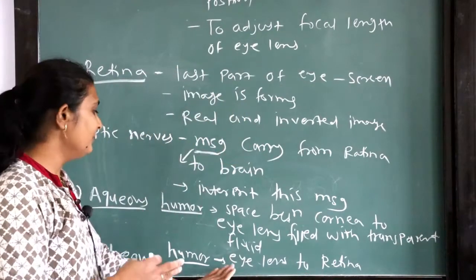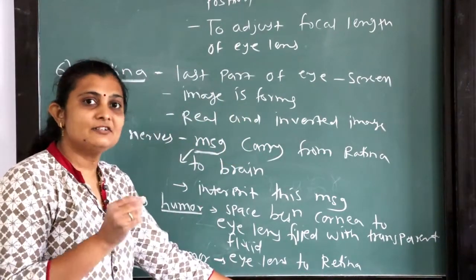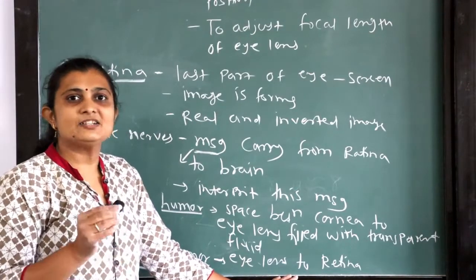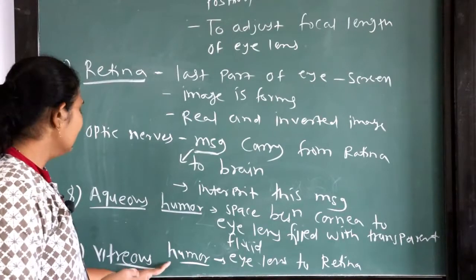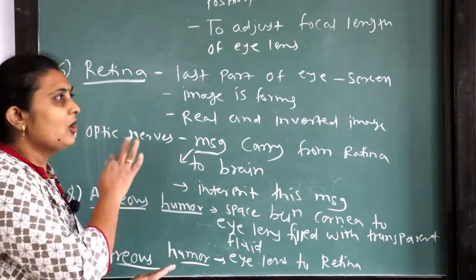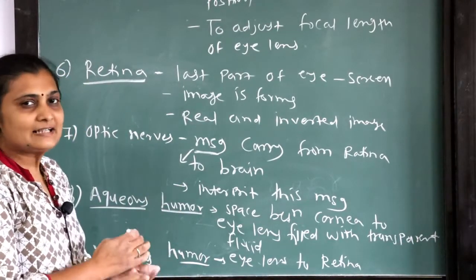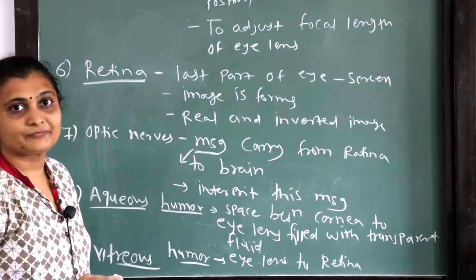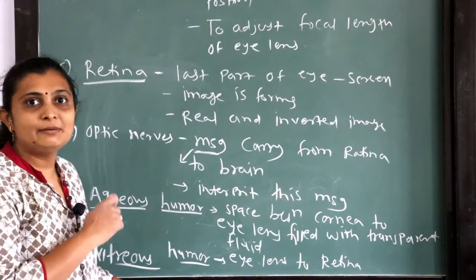The space from the eye lens to the retina is filled with a viscous, transparent, jelly-like structure, and that is called the vitreous humor. This is all about the eye lens, and it is asked for 3 marks, and you have to write like this. Correct? Now we have to see the diagram of the eye.